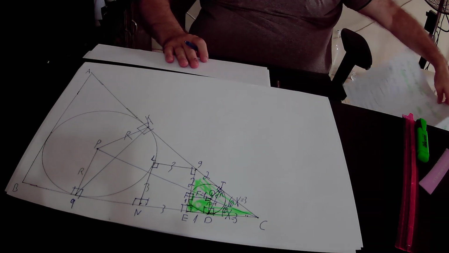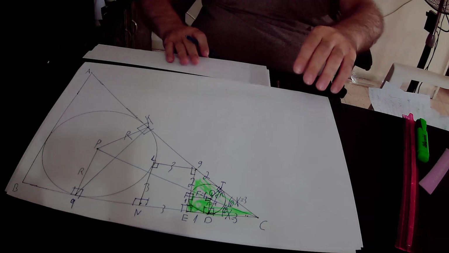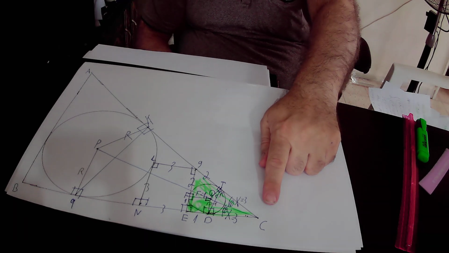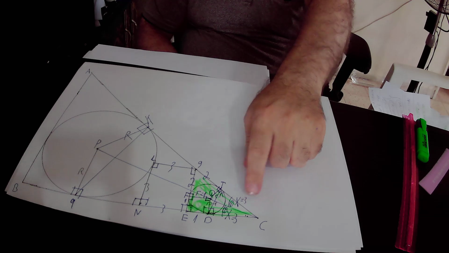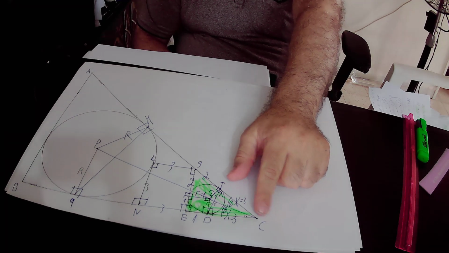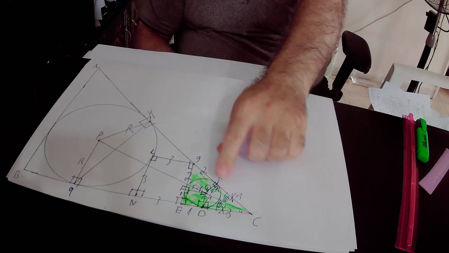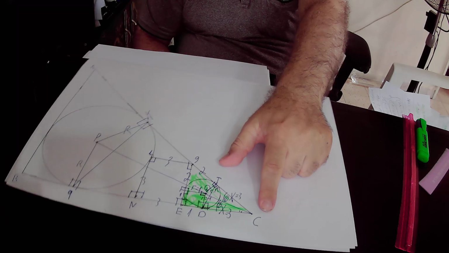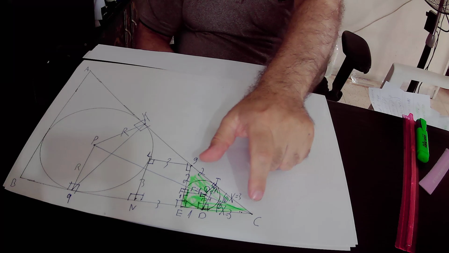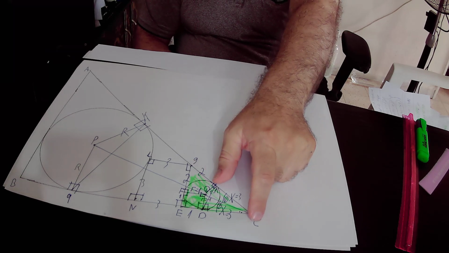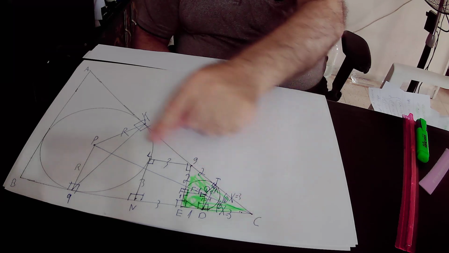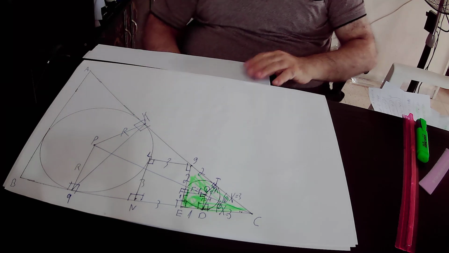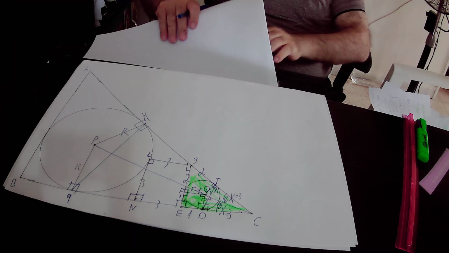In the next step, we will prove that the angle bisector CO passes through point P. I'll repeat again, we will prove that this angle bisector CO passes through point P. So I write it down.